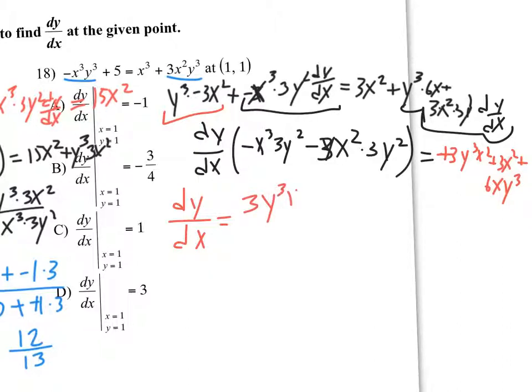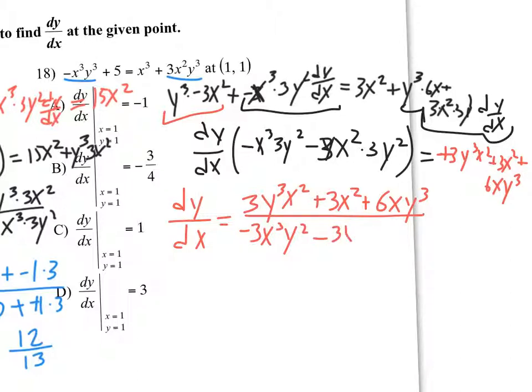When we go to divide this, we've got dy/dx is equal to 3y cubed x squared plus 3x squared plus 6xy cubed, all divided by negative 3x cubed y squared minus, let's make this minus 9 by multiplying the two 3's, x squared y squared.